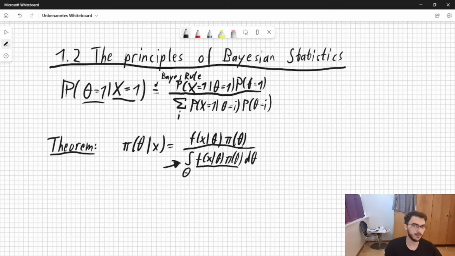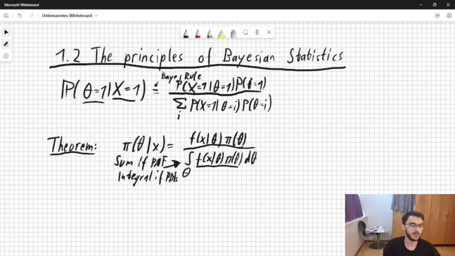So this integral notation is a shortcut to saying use a sum if we're talking about PMFs, and use an integral if we're talking about PDFs. So later we might have a PMF or a PDF. The theorem is going to hold for both. It's also going to hold in a mixed case.